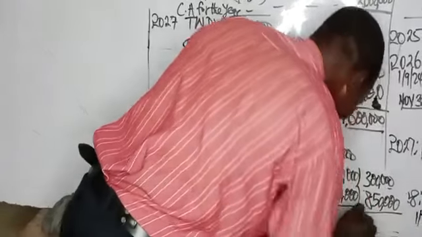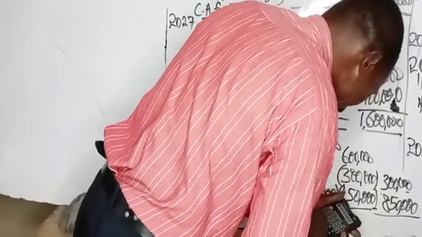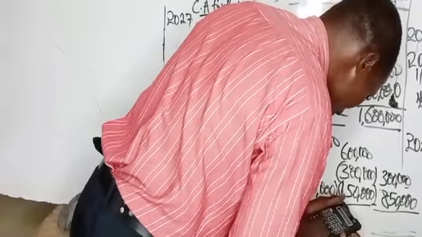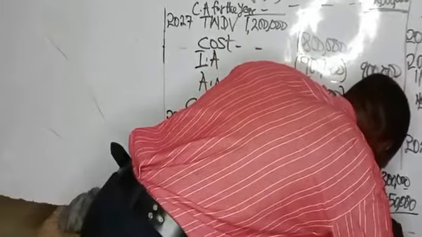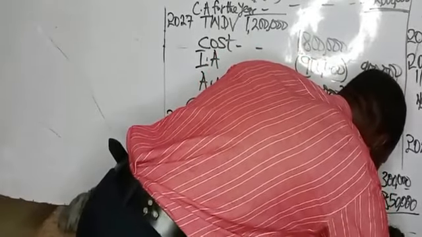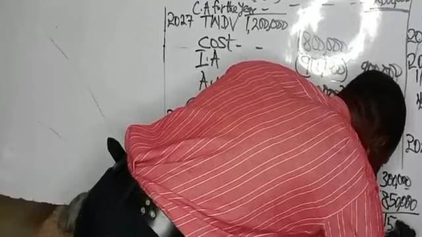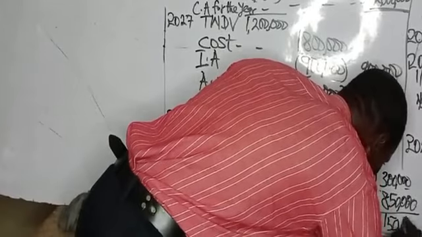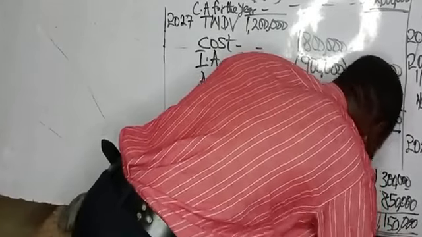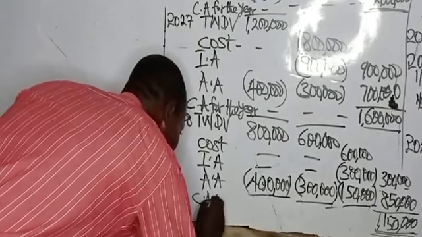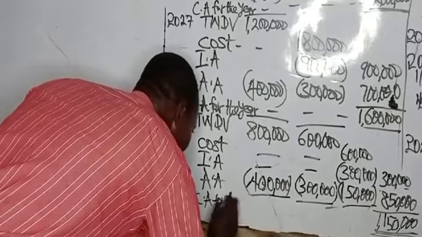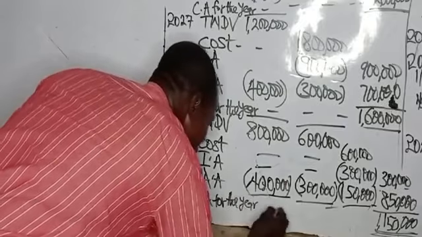If you add 850,000 and 300,000 together, our annual allowances total 1,150,000. Our capital allowance is total 1,150,000. That is the capital allowance for the year. Capital allowance for the year is 1,150,000.